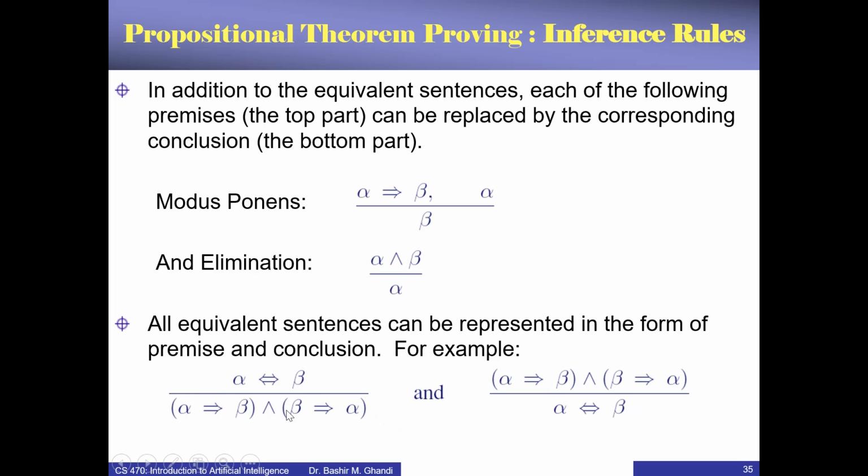But we can also do the reverse. If we have this, we can have alpha if and only if beta as the conclusion. But this is only possible for the equivalences that we saw in the last slide. You cannot do the same with these two additional ones. I hope that is clear. We're going to find these premise and conclusion pairs very useful when trying to generate inference using rules.